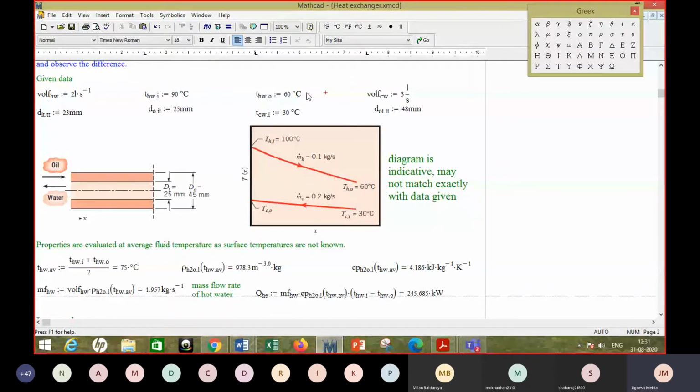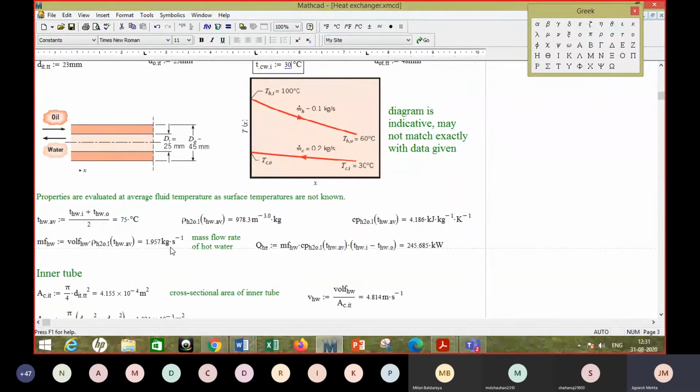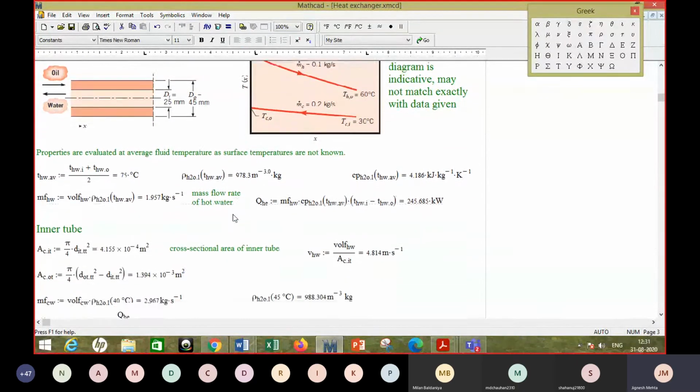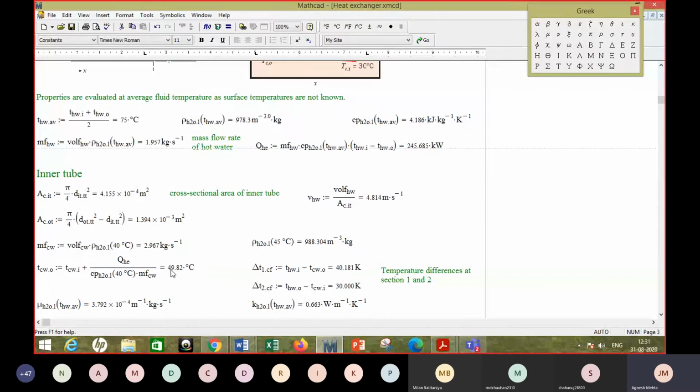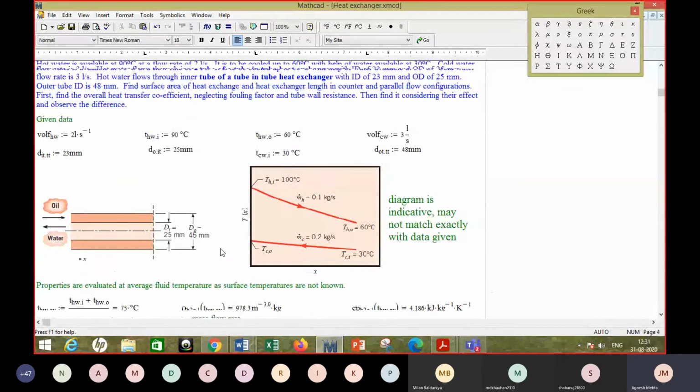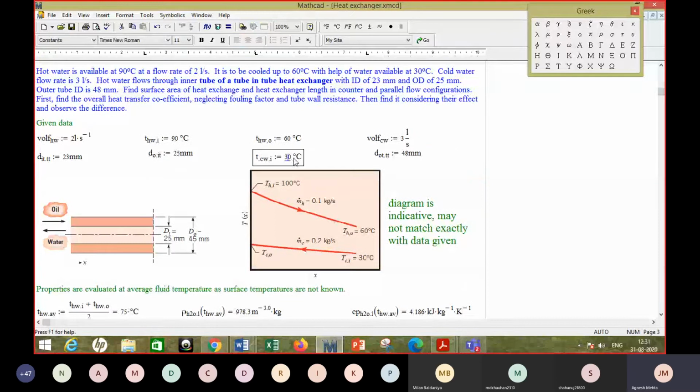And what are the shell side temperature values? It is 30 and the outlet temperature you found, right? So what was the outlet temperature of water? It was 49.82. So 30 and 49.82. Those are the two temperatures on the shell side.